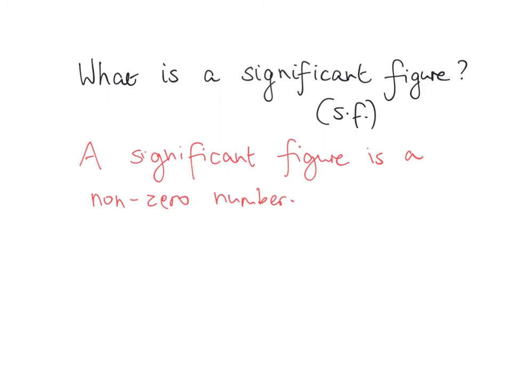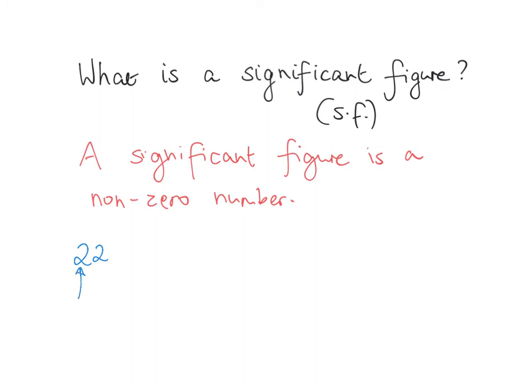So for example, if we were rounding this number 22, we look for our first significant figure, and the first digit that is a non-zero number would be this 2.